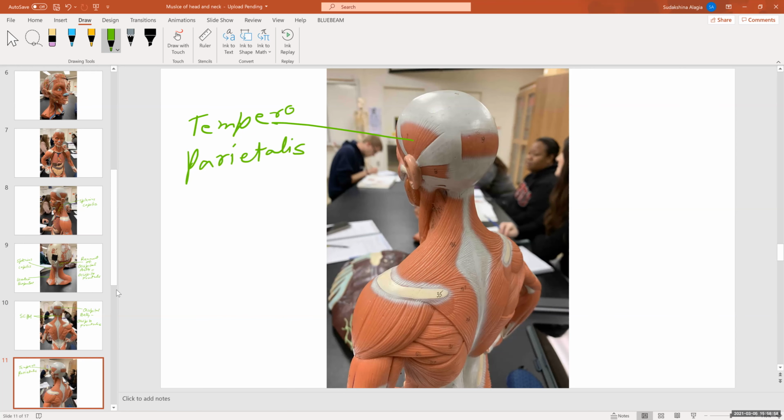How do you identify temporoparietalis versus temporalis? Temporoparietalis is under the temporalis and it's a much smaller muscle.